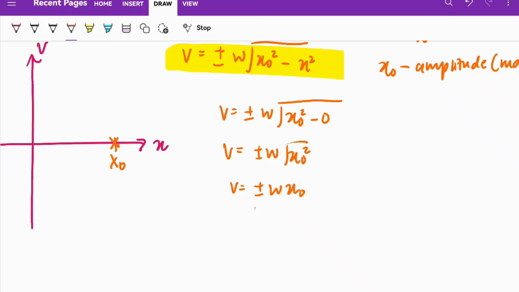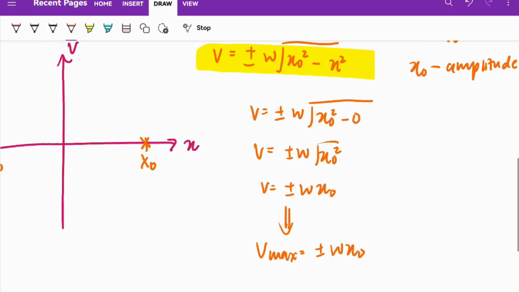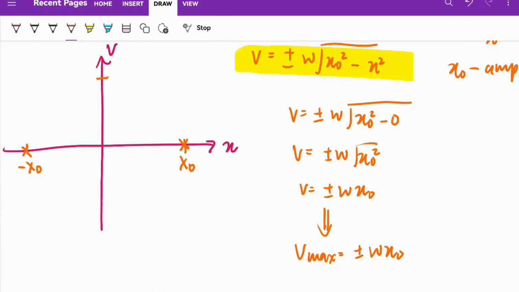So this shows your maximum is positive negative omega X naught. So since we have positive and negative, positive here, omega X naught, and we have a negative omega X naught. So we have 4 points already on our graph.